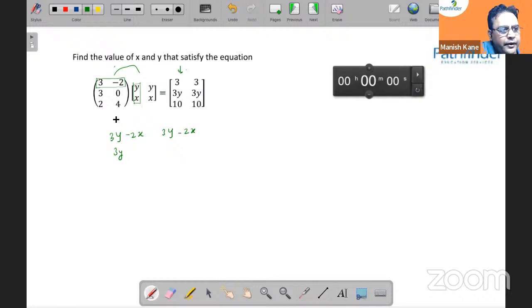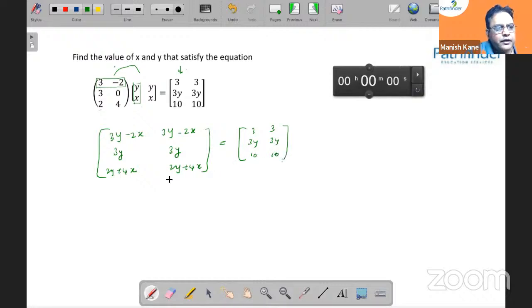Here you get 3y and here also you will get 3y and 2y plus 4x, 2y plus 4x. Now, if this is equal to 3, 3, 3y, 3y, and 10, 10, which means there are two simultaneous equations. The first one is 3y minus 2x must be equal to 3. The second one is 2y plus 4x equals to 10.